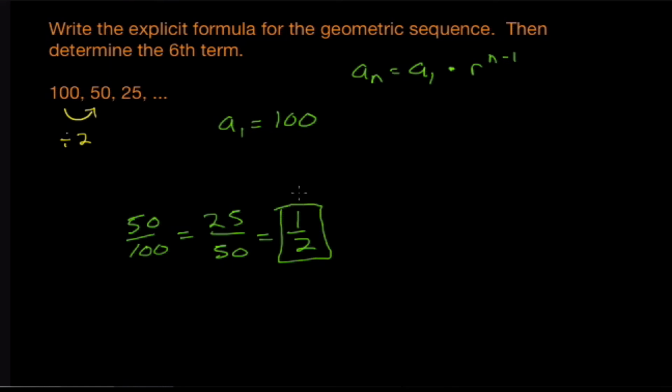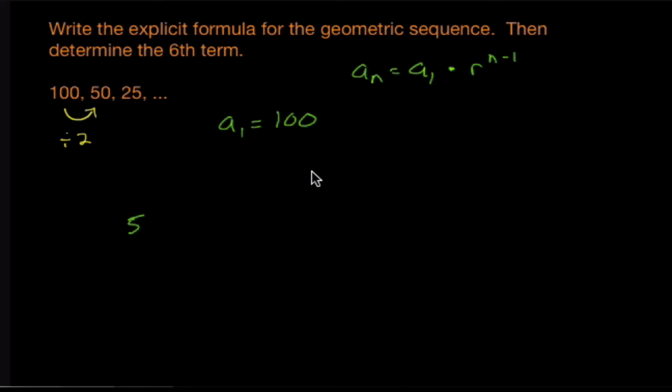And for those of you who are familiar with the idea that every division problem is just a multiplication problem in disguise, you will understand that I'm going to rewrite this division by 2 as multiplication by our common ratio, 1/2.